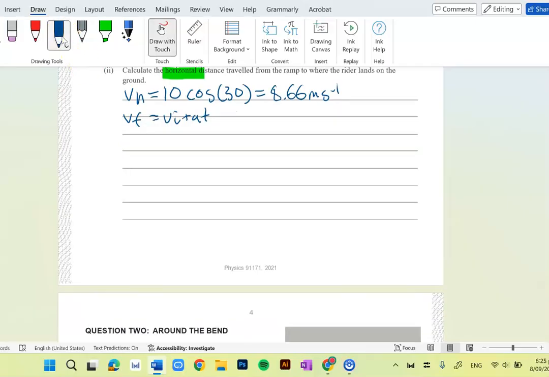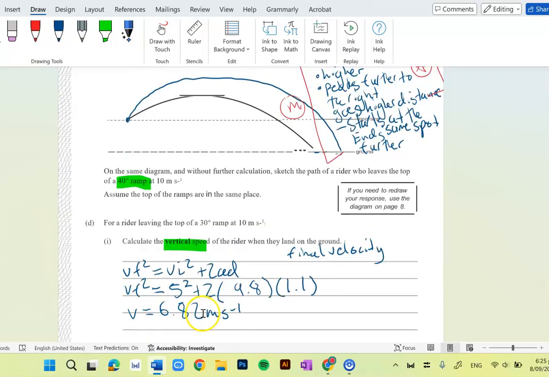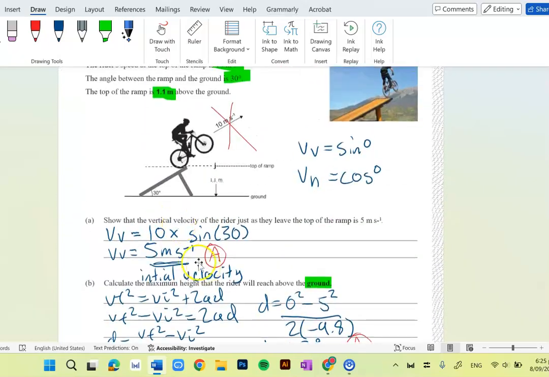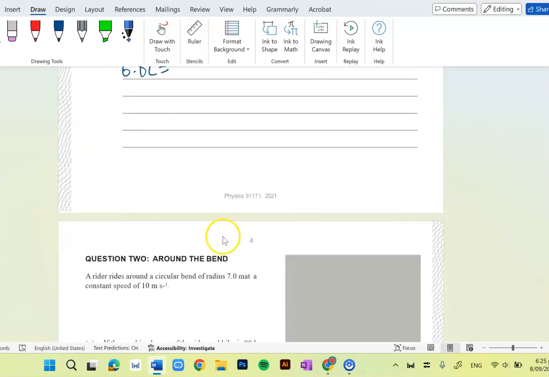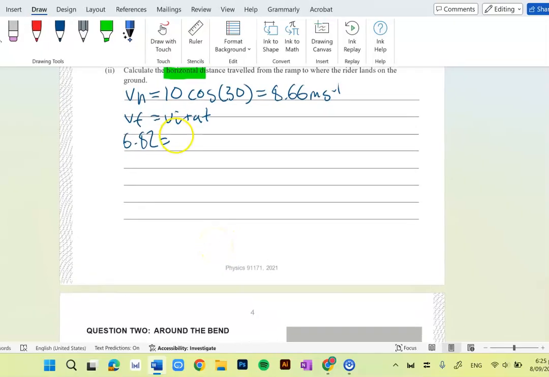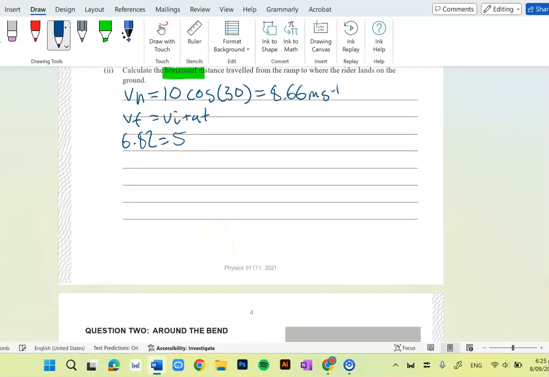Our final velocity is 6.8, equals the initial velocity, which we calculated at the very start was 5, plus the acceleration, which is going to be negative 9.8 now, times t.